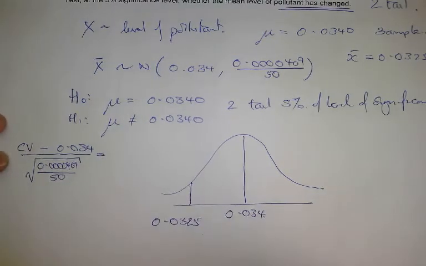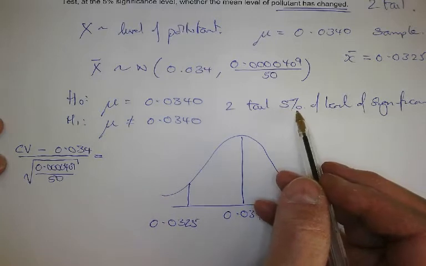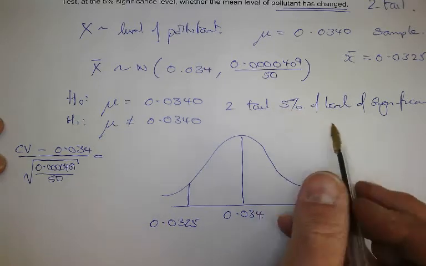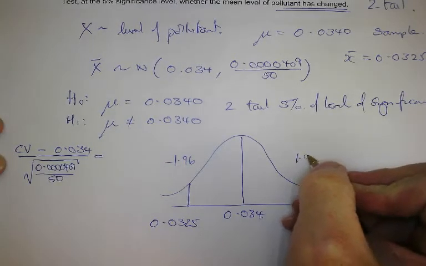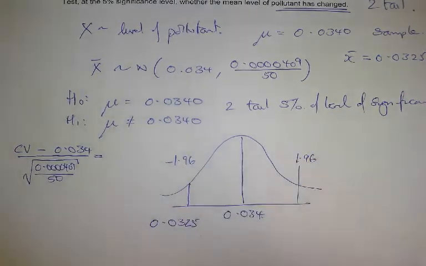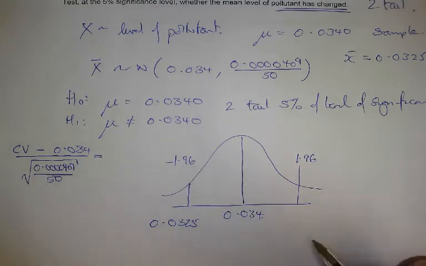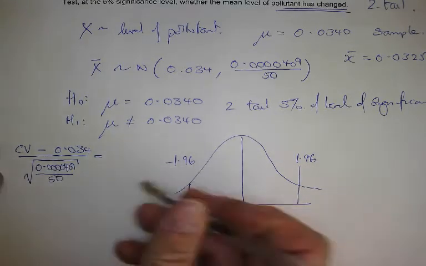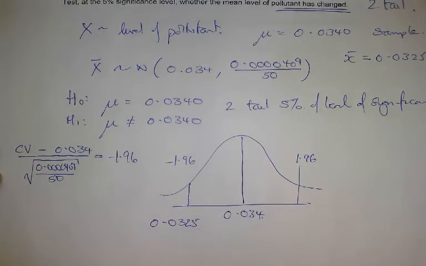And it says it's at the 5%, so it's two-tail. So if you work it out, that means it's going to be minus 1.96 and 1.96. There are tails in terms of our z-scores, what would be the doorways into the critical regions. Because it's on the lower side, it's going to equate to minus 1.96.